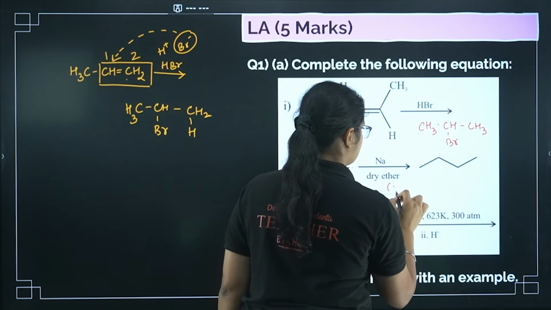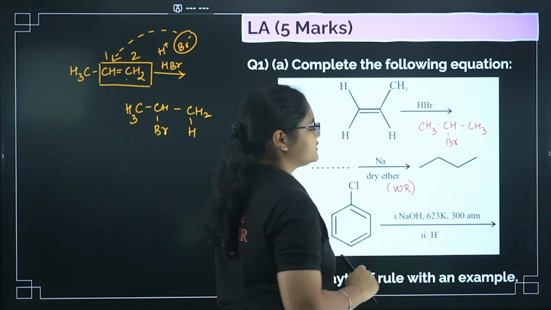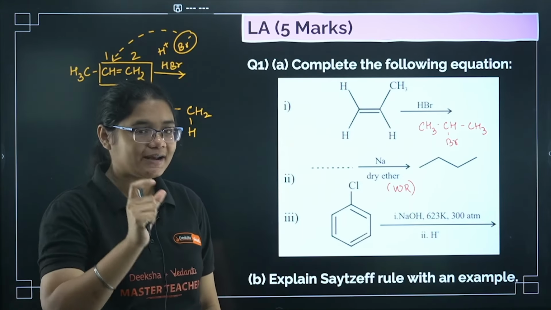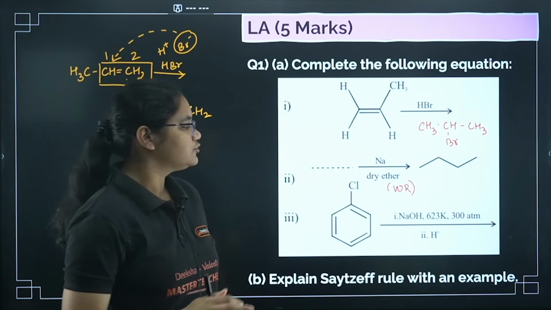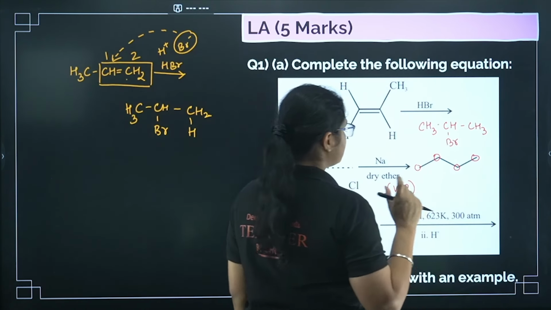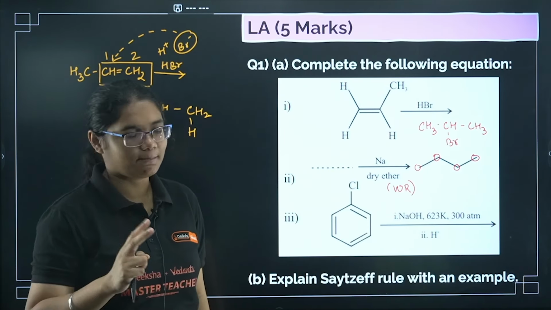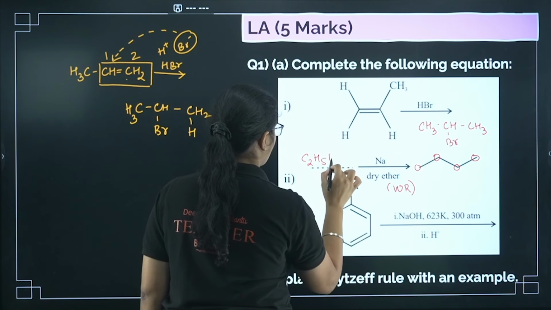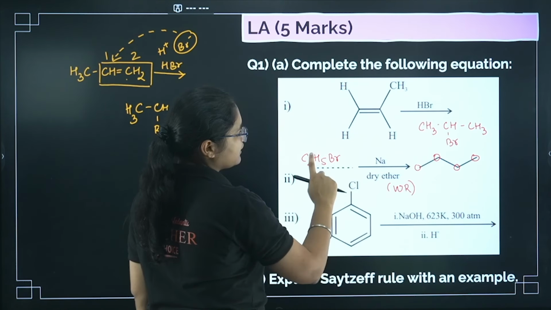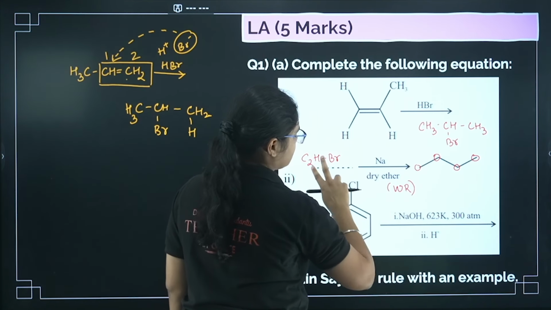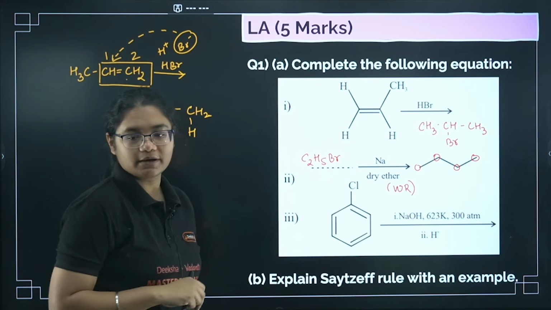Now the next one, you have to write the reactant here, sodium in dry ether. From this we understand that this is Wood's reaction, right? In Wood's reaction you need to have RX and it will double. Here there are a total of 4 carbons, so the reactant must be a 2 carbon compound. So you need C2H5Br, and when that reacts, you will get C2H5-C2H5. So from 2 carbons it becomes 4 carbons.